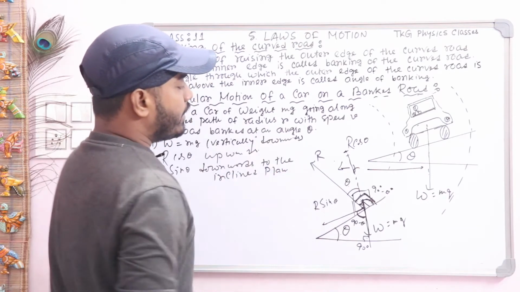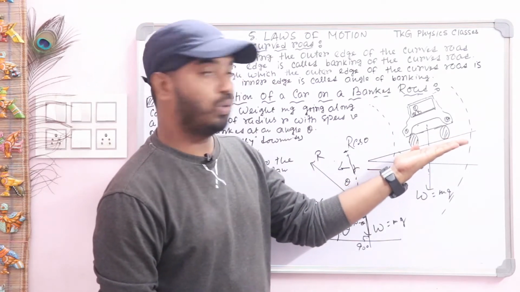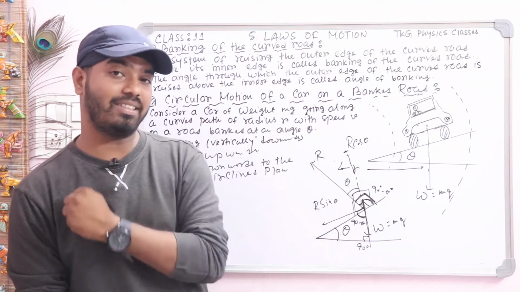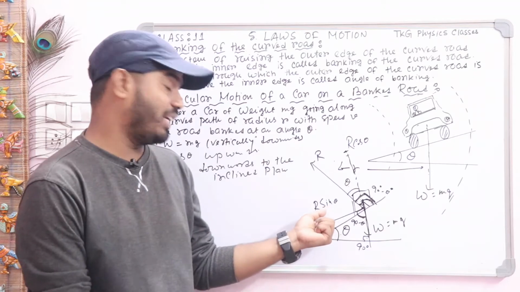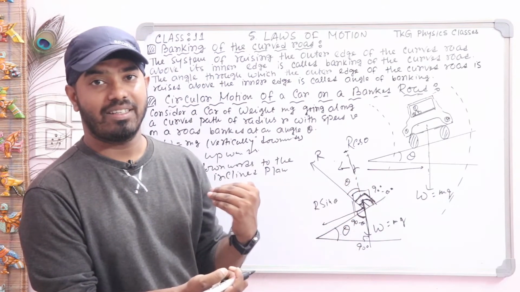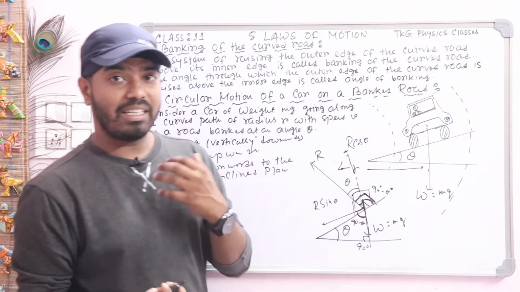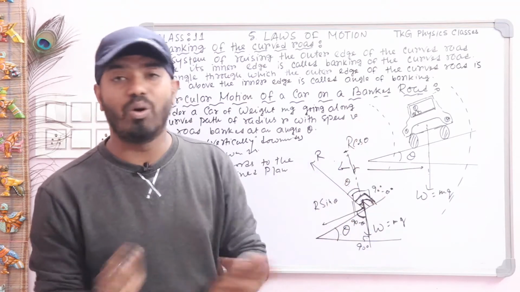Now here, by making this road inclined, an additional force arises. There is a component of the normal reaction force, R sin theta, which is directed towards the center. But in general, if R is directed vertically upward, there is no such component.